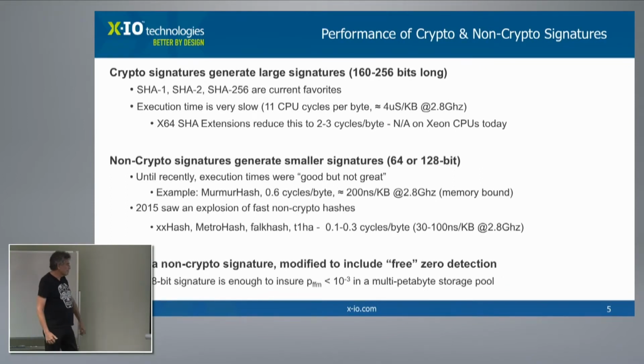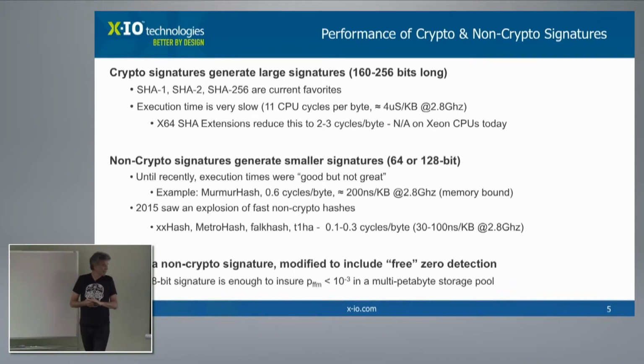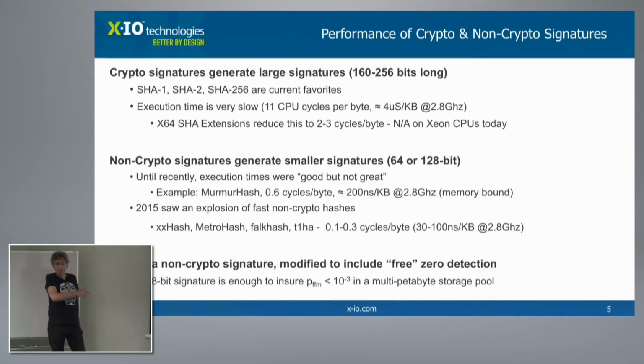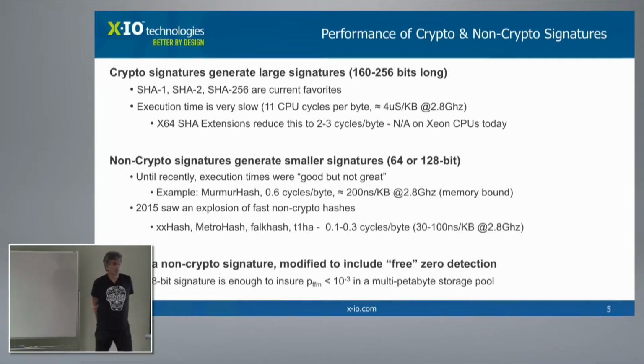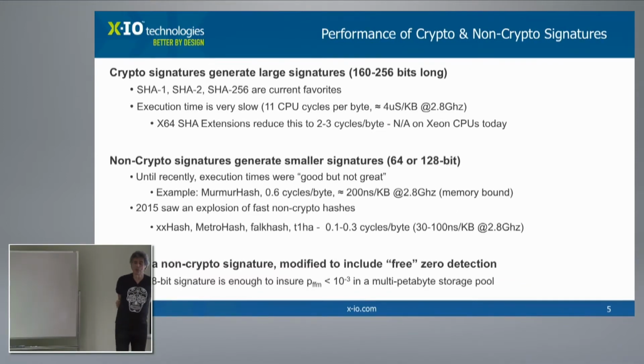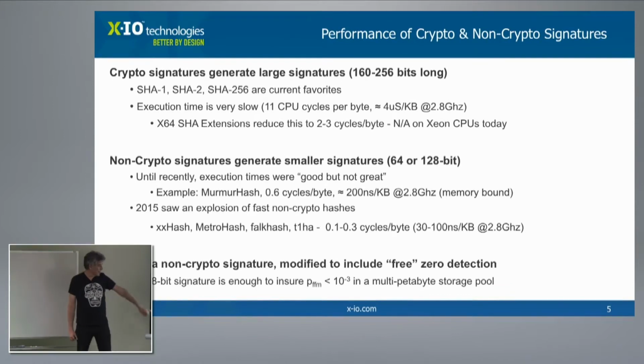So we use a non-crypto signature, and we've also modified it. Since it's making a complete pass over the data, we can also figure out if the data is 0 for free. These algorithms were simple enough that they didn't use all the registers in the x86, so we have a modified version of today's Metro Hash that signs something and tells you if it was 0.